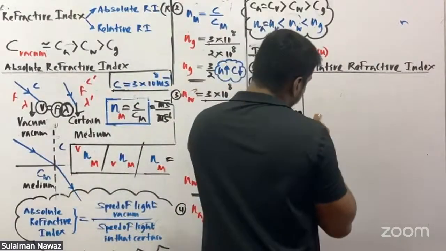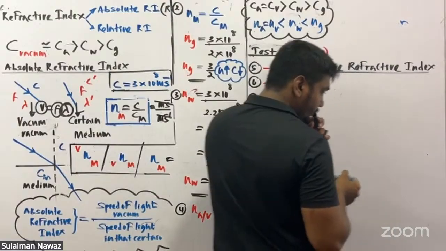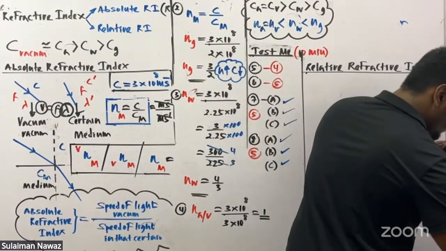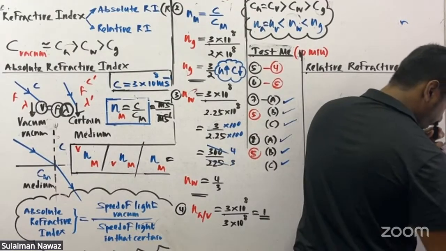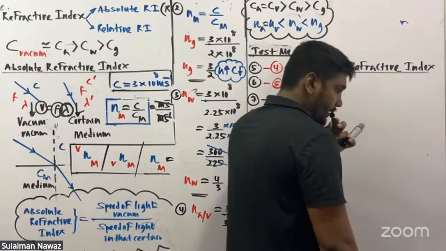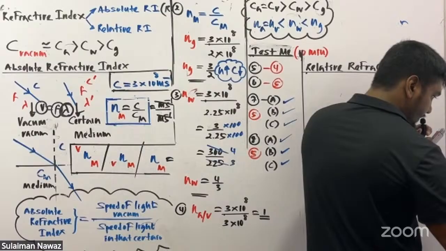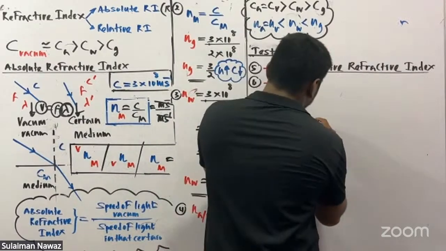Look here. I consider two mediums: one is medium one, the other is medium two, with a common interface.